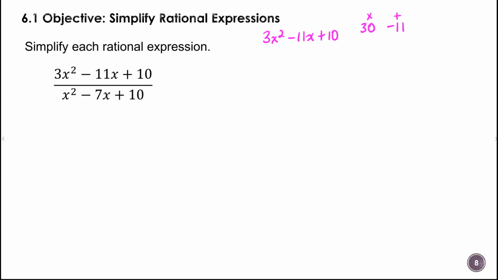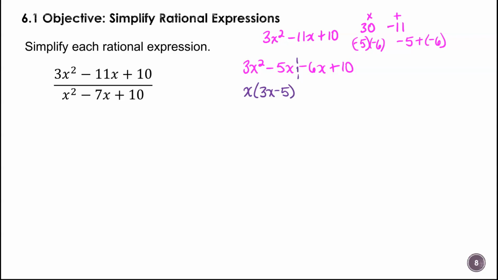Negative 5 plus negative 6 equals the negative 11. So I replace my middle term with two terms, and then I group and factor. So common factor is x, that leaves me 3x minus 5.